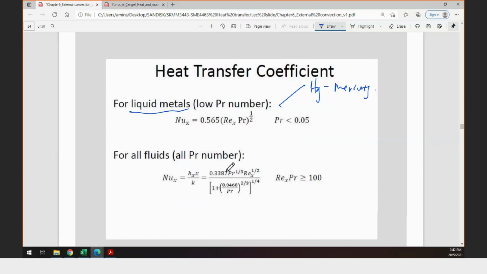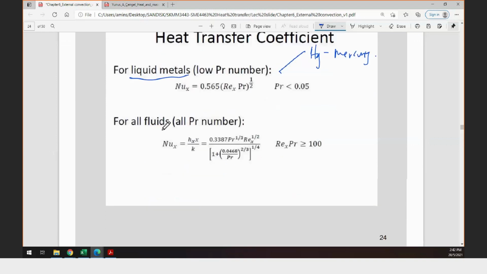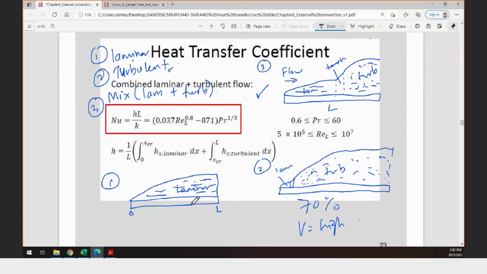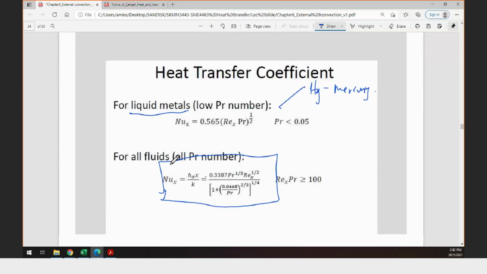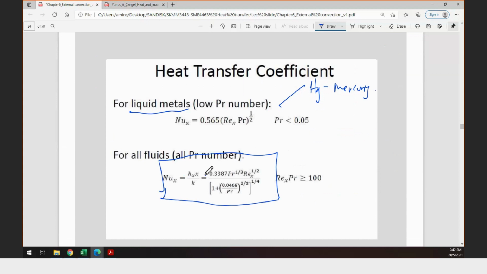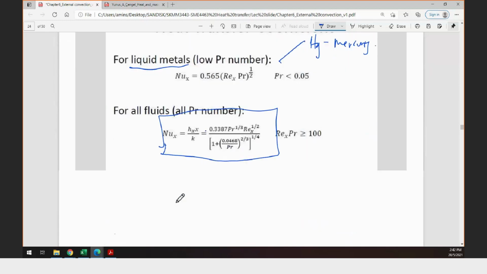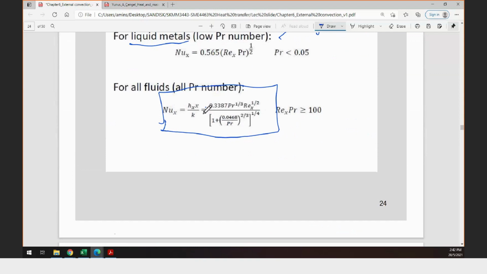Okay. So there is another equation here, for all fluids. What is the difference between this equation, or this correlation, and the previous equations for laminar and turbulent? Okay, if you are using this equation, you can read from the textbook.